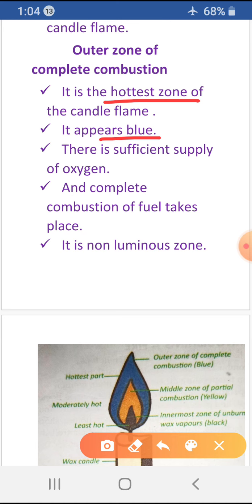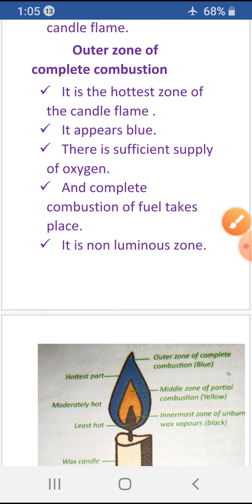On that basis, it is the hottest zone of candle flame. It appears blue. There is sufficient supply of oxygen and complete combustion of fuel takes place, and it is non-luminous zone.